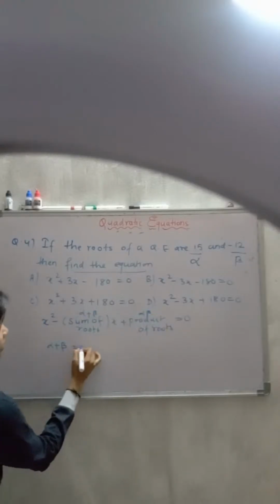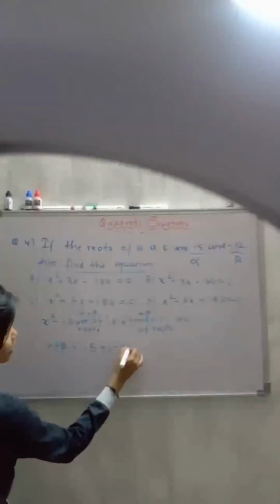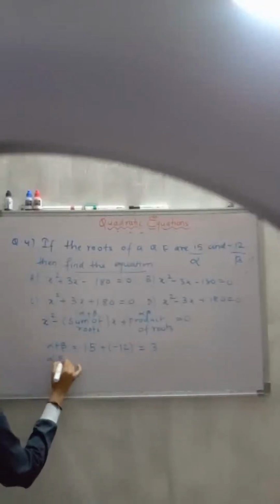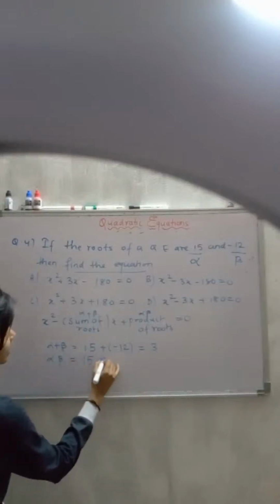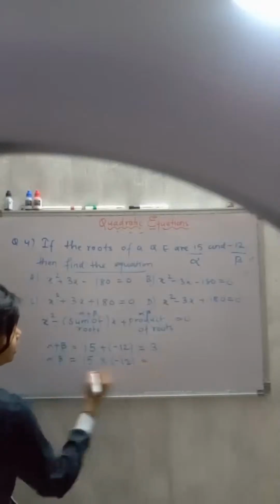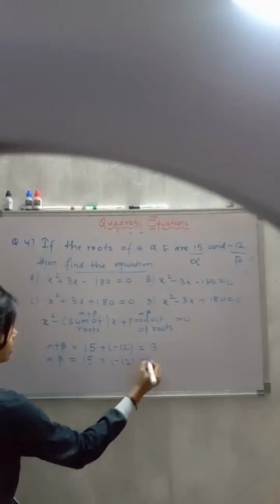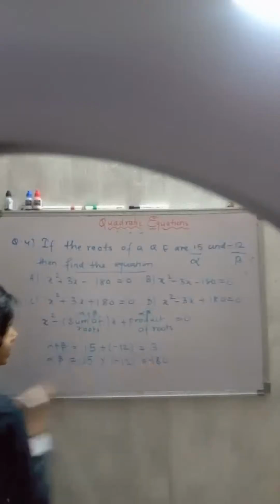Sum of roots: 15 plus minus 12 gives you 3, and product of roots: 15 into minus 12. 15 times 2 is 30, 15 times 1 is 15, 150 plus 30 is 180, and plus into minus is minus, so minus 180.